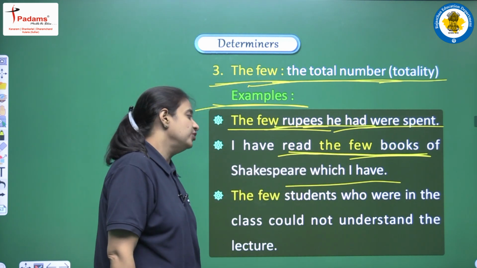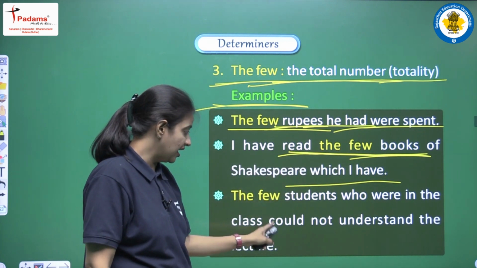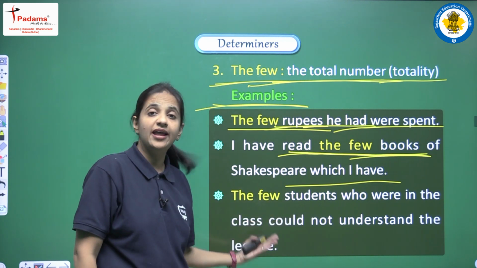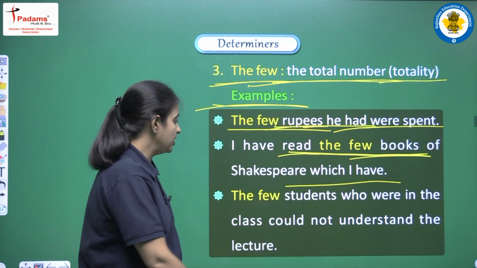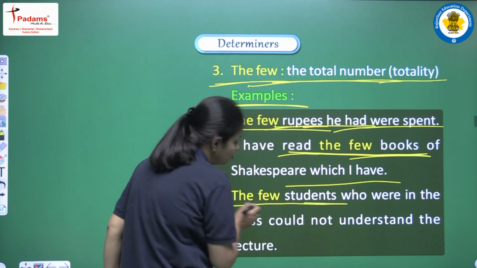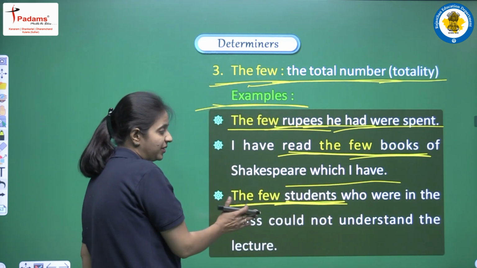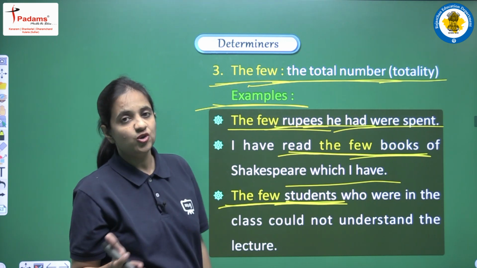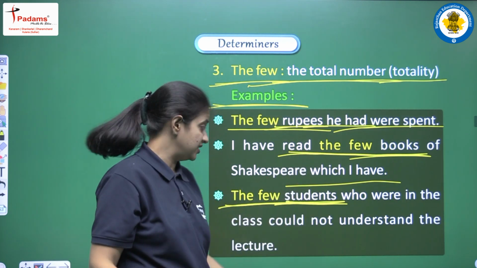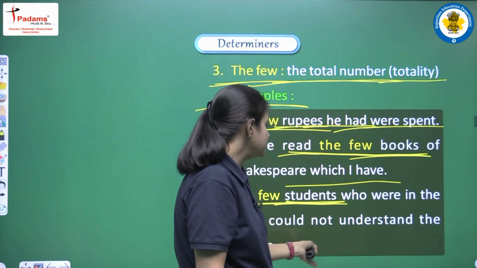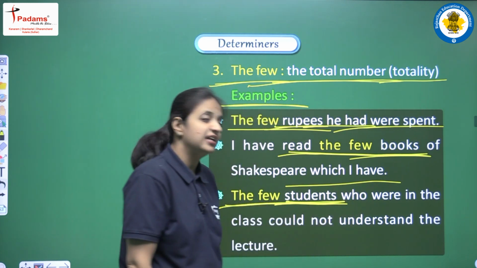Next is the few students who were in the class could not understand the lecture. So now in this sentence we are talking about the total number of the students who were there in the class. So we are making a sentence and we are saying that class में जितने भी students थे, so all the students they were unable to understand the lecture.